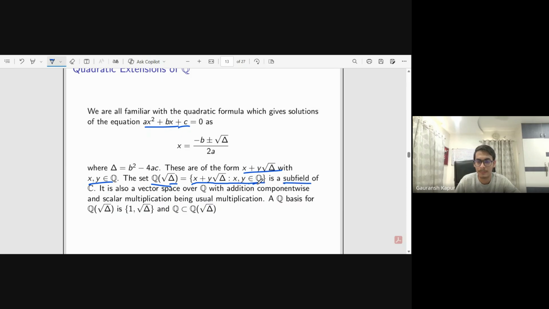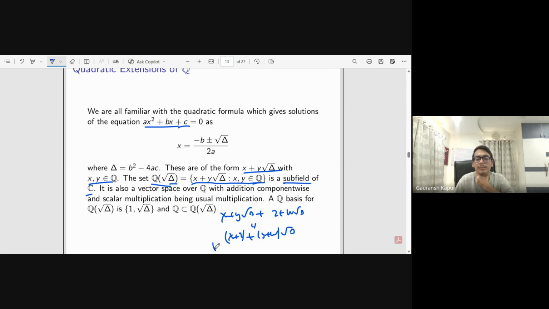This is a subfield of C, as you can check. And this is also a vector space over Q with addition component-wise and scalar multiplication. If you do x plus y root delta plus z plus w root delta, you will land in this, because it is x plus z plus y plus w root delta.